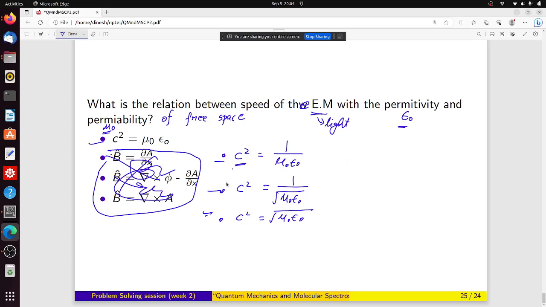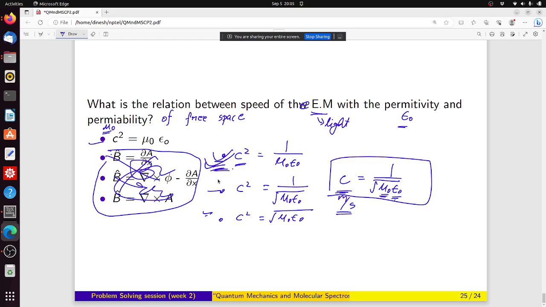No, this is the second question. Second option: c square, if it is c, then this is mu naught epsilon naught. You can check dimensionality. You put in the units and you will see this is meter per second, and this condition is satisfied. So the second one is the right answer.